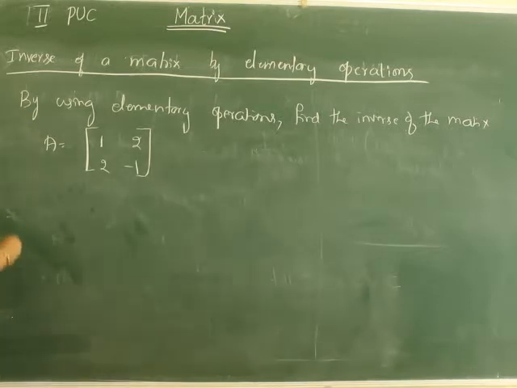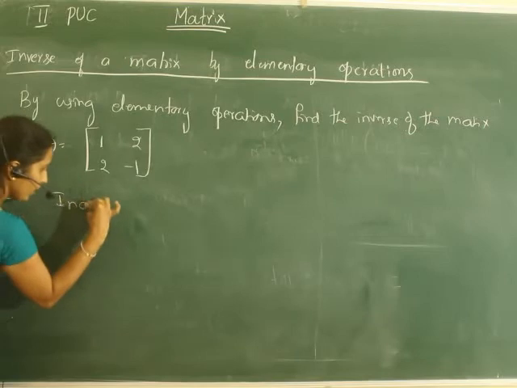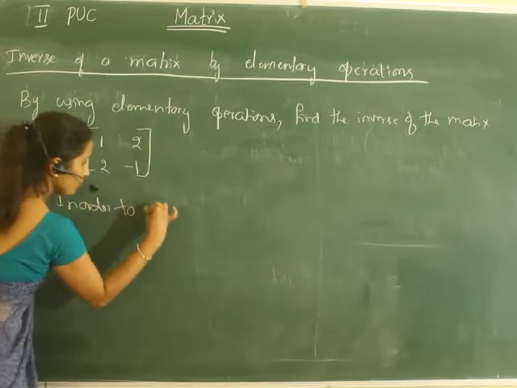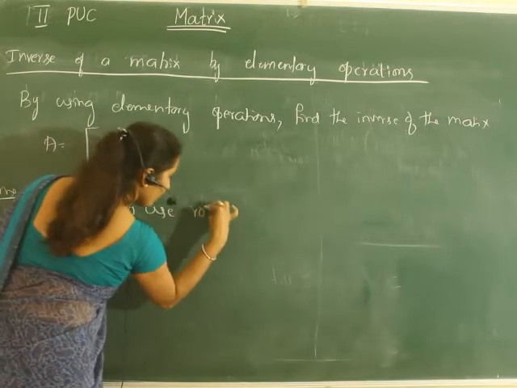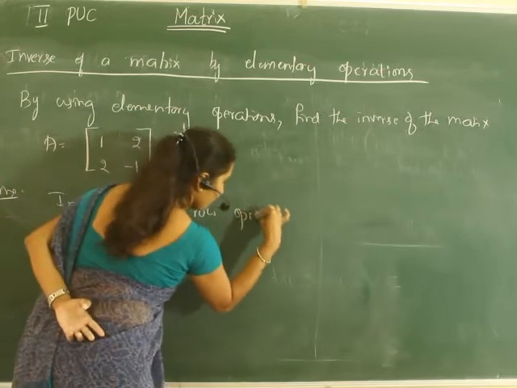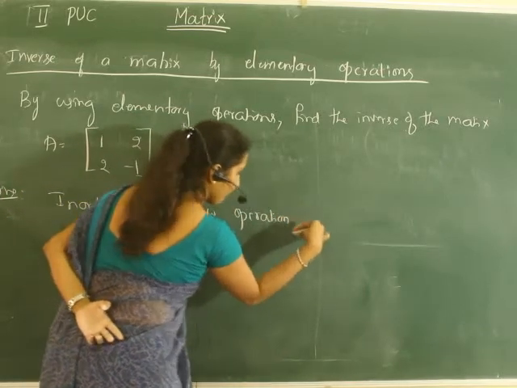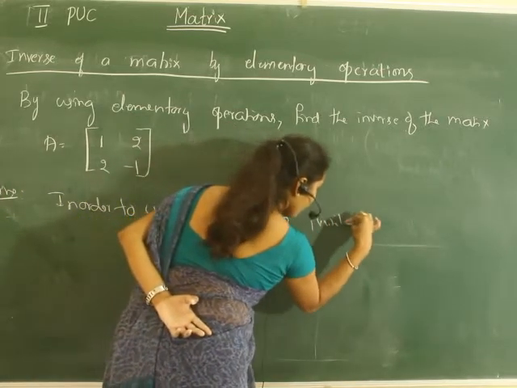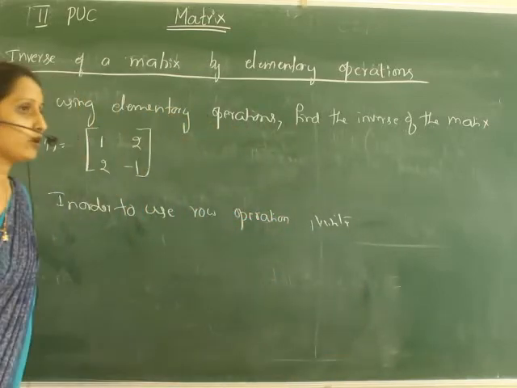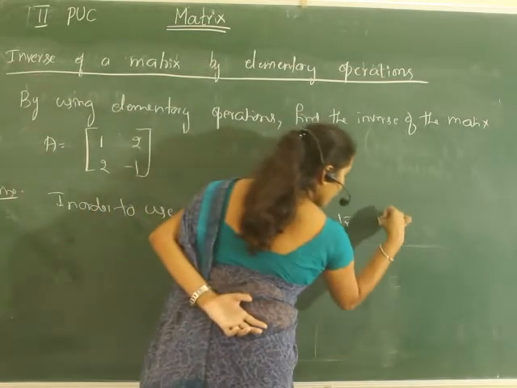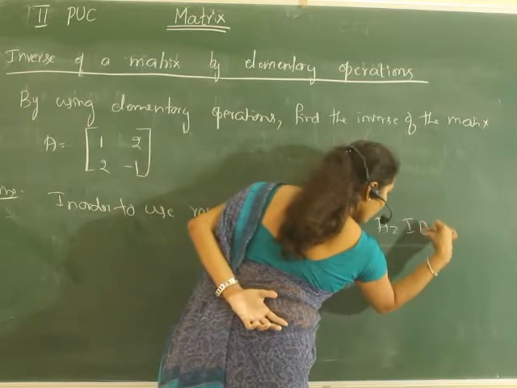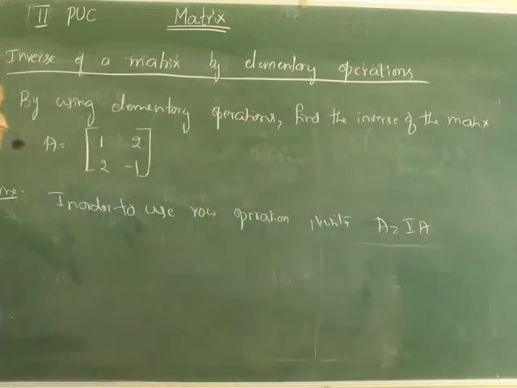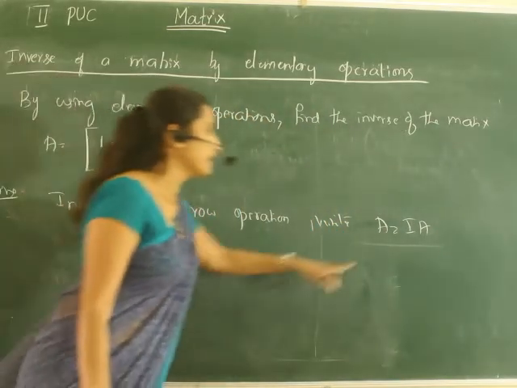In order to use row operation, write A is equal to IA, that is A is equal to I into A. Here I is the identity matrix.